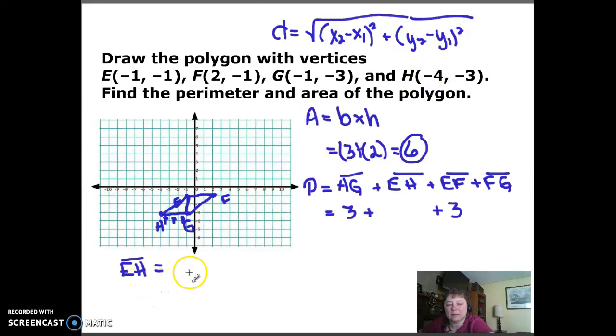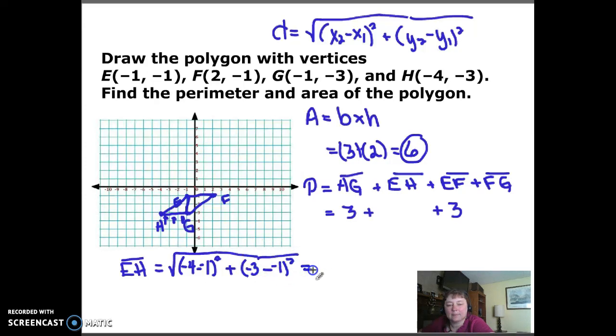So let's use that to help us find EH. So we'll take the square root and -4 minus a -1 squared plus -3 minus a -1 squared.